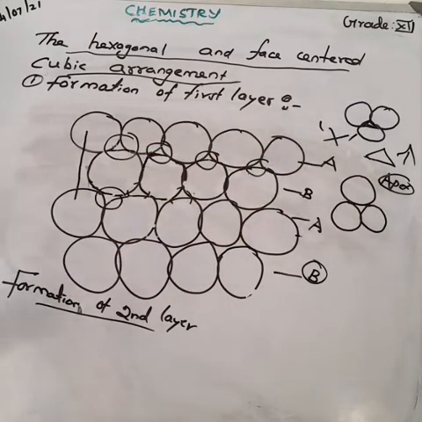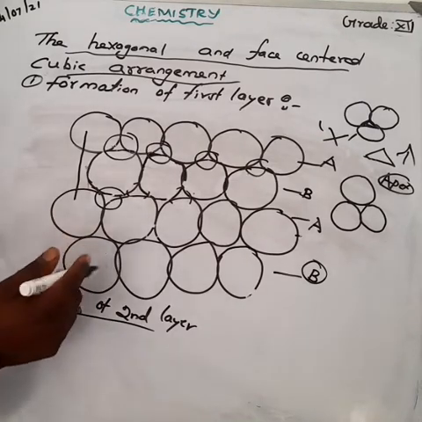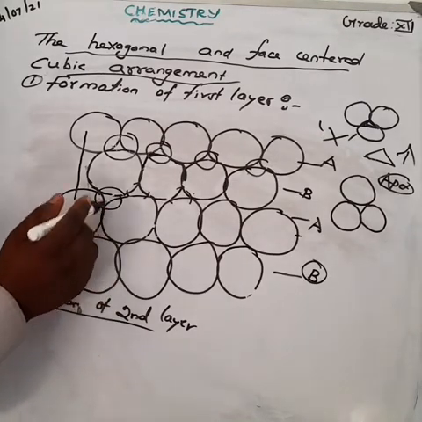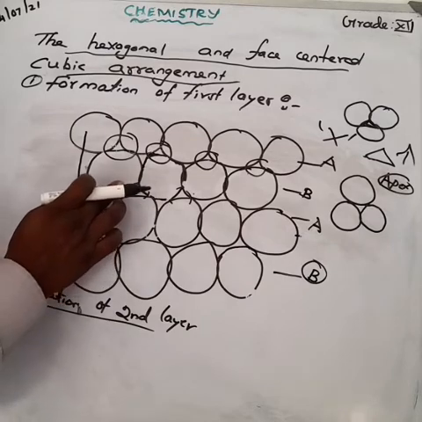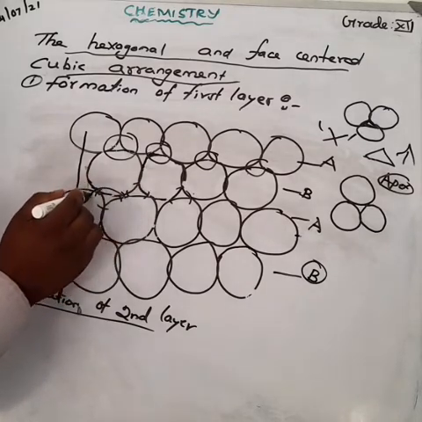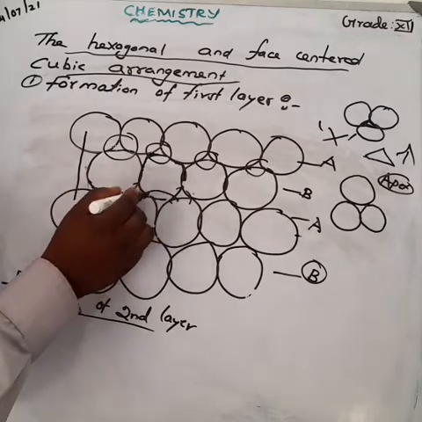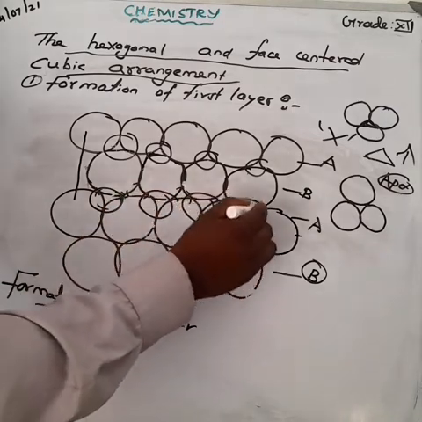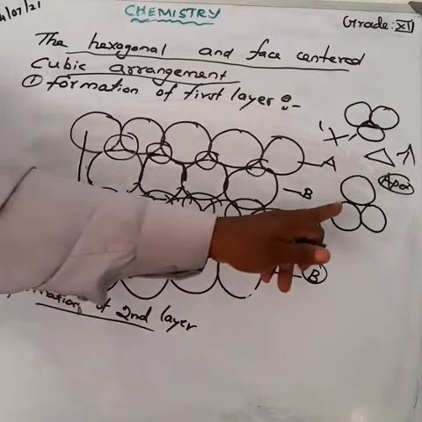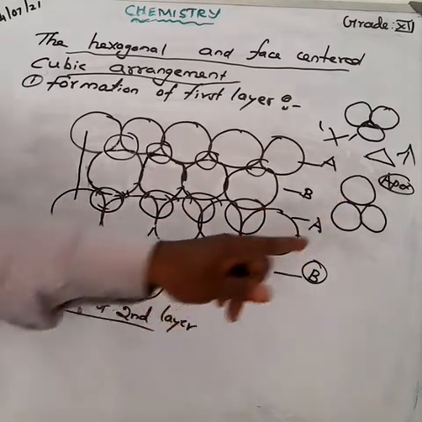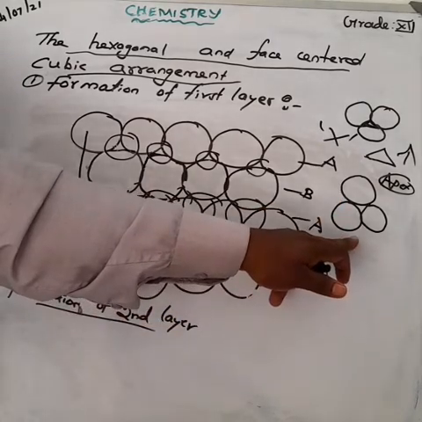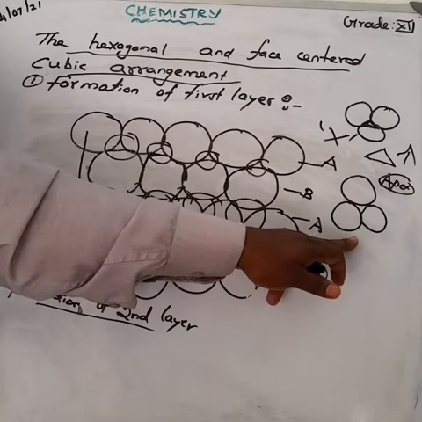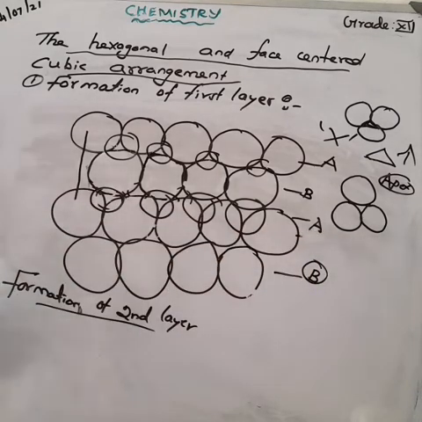Next, I am taking another one, the second row and the first row. Listen, all of you. Imagine this is the first row, and this is the second row. Here also we get one hole.